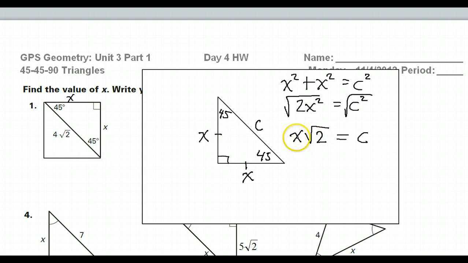So that's going to be x radical 2. Now, so the point is, if you have a 45, 45 triangle, this is always going to be your pattern. The legs are both going to be the same, and the hypotenuse is going to be leg radical 2.